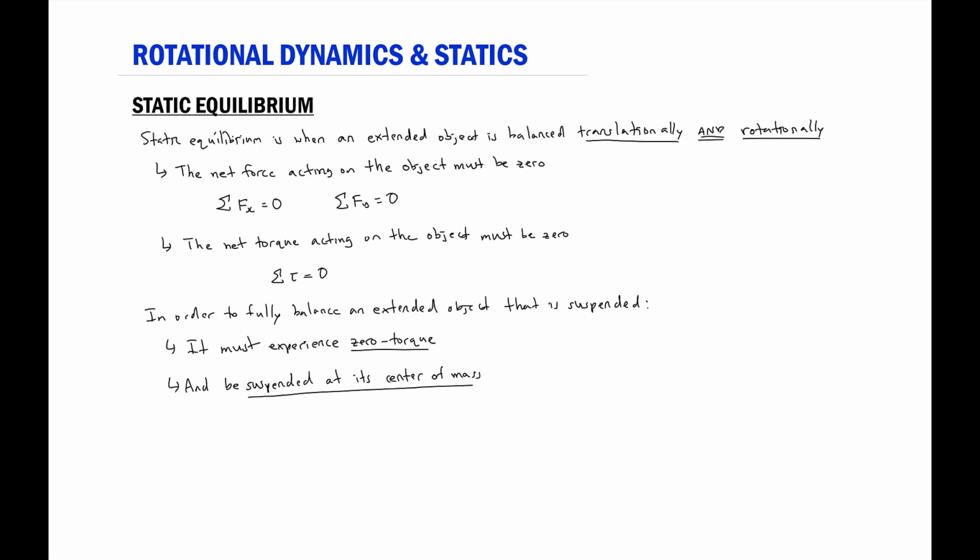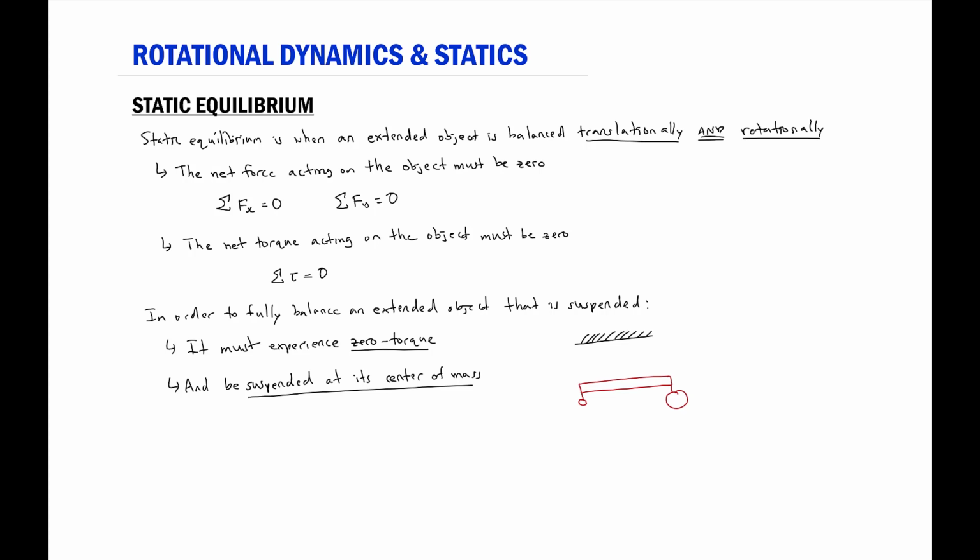So that means, for example, if you're trying to hang a rod like this, maybe you have a heavier object here and a lighter object here.